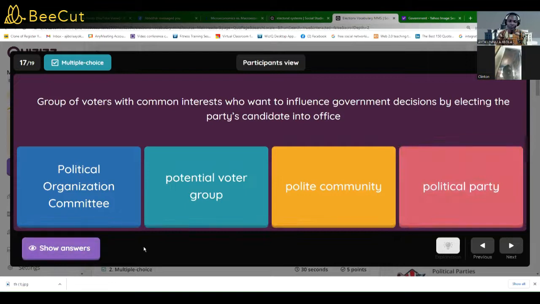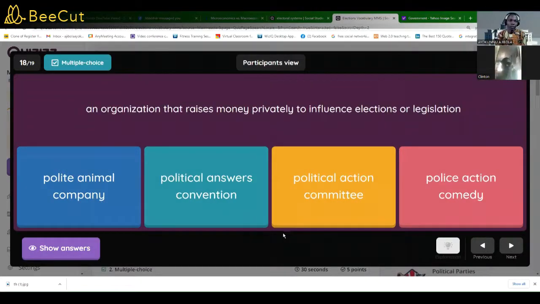Okay. Do you get that? Yes, sir. Because it is a group of voters with common interest who want to influence government decisions by electing the party's candidate into office. So they will say it's our own candidate that we want. Yes, sir. So the next one.